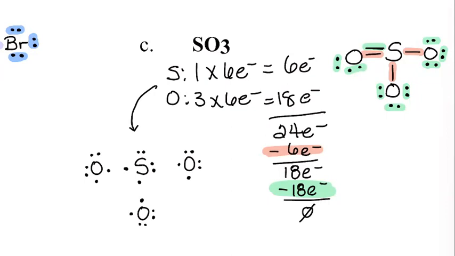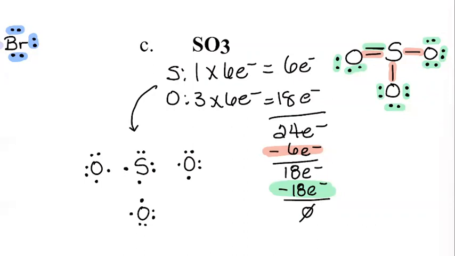What we're doing here is explaining how the atoms' valence electrons come together to make the structure for the molecules that we're interested in, specifically covalent molecules.